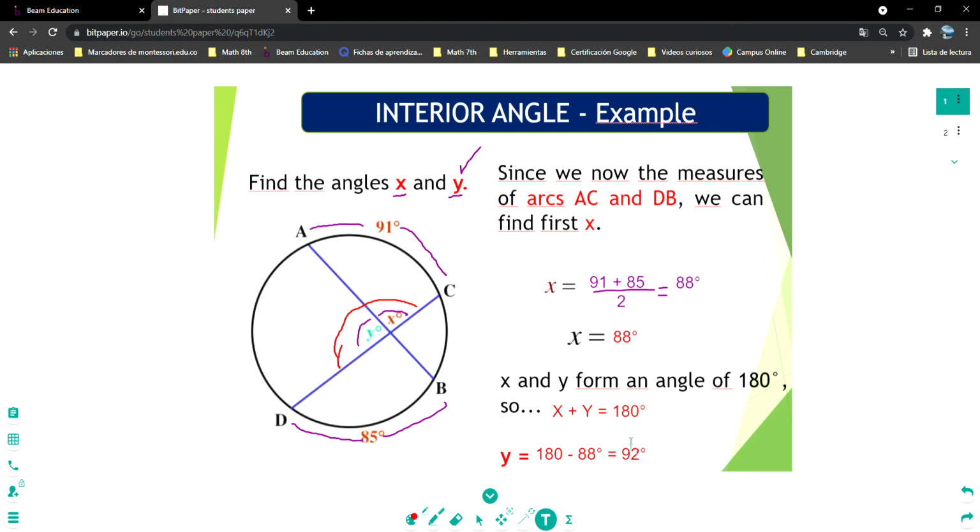So we already found, guys, the missing angles. X is 88 degrees, and the angle Y is 92 degrees. All right, and we can check that the addition of 92 plus 88 will be 180, because they form a straight angle. All right, guys, so these are the interior angles.